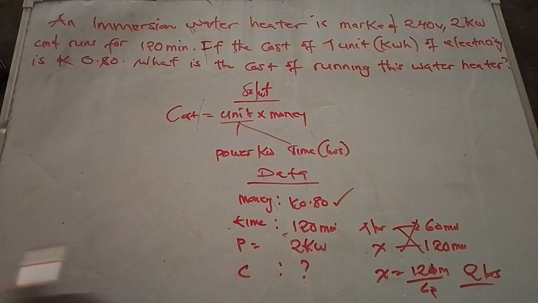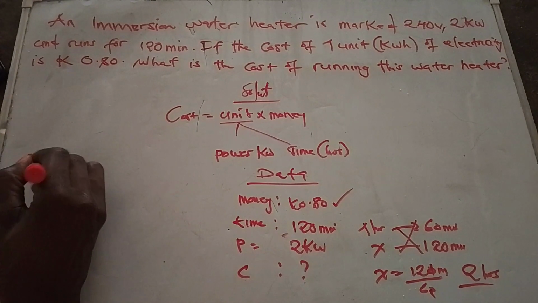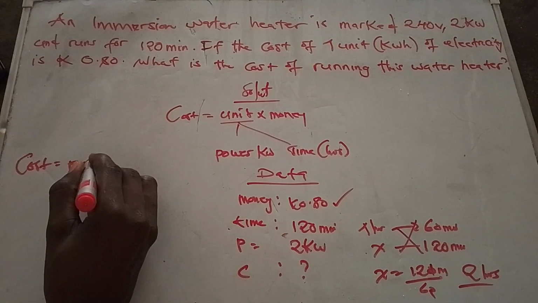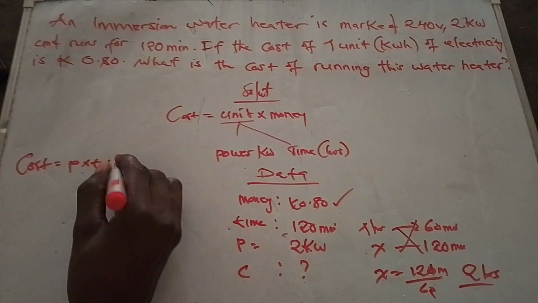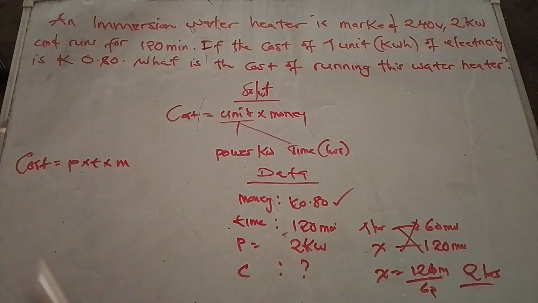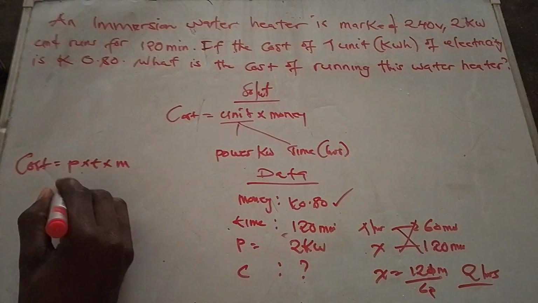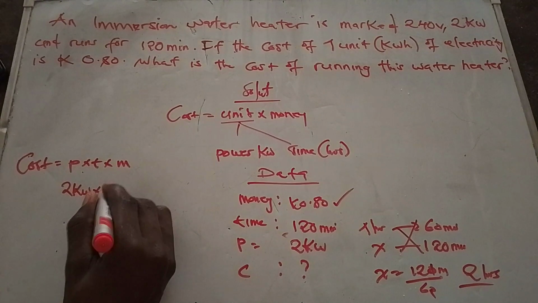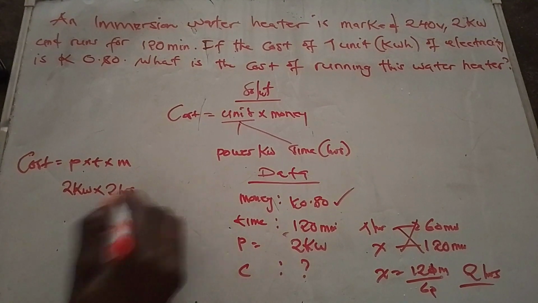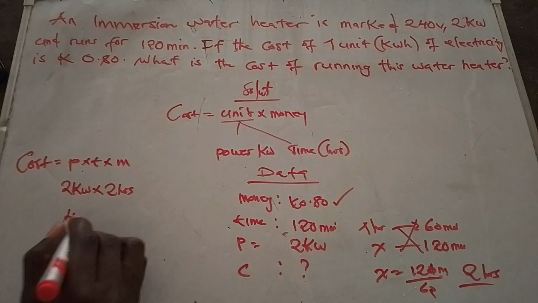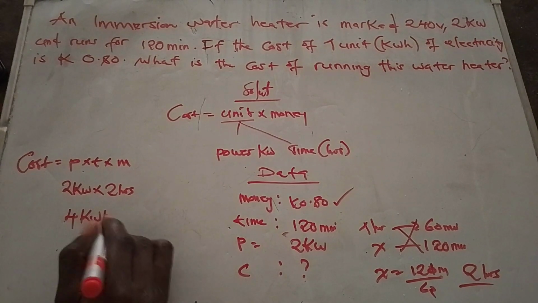Now from here, we can say cost is equal to power times time times money. Then what is our power? So our power, we have 2 kilowatts times our time, we have 2 hours. So when you multiply these two, you're going to get 4 kilowatt hours.